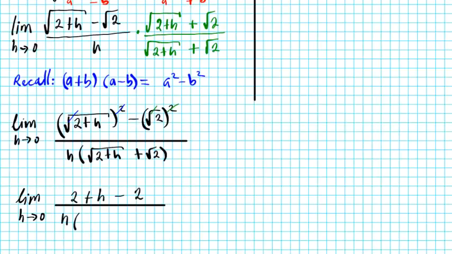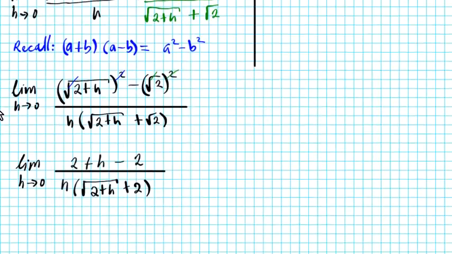So let's continue writing down the denominator. It's the square root of 2 plus h plus root 2. Okay. Now if you examine the numerator, what you notice is that the 2's cancel out since they're opposites.